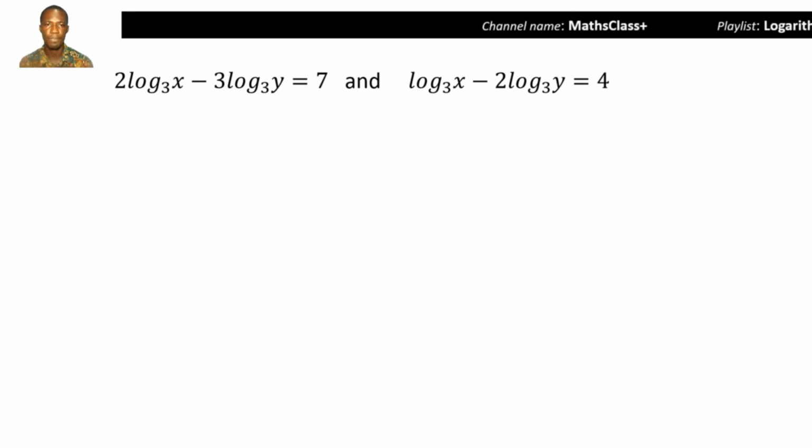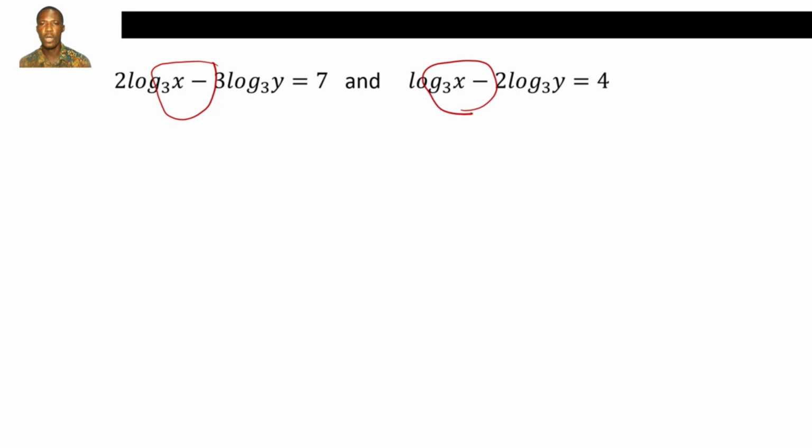So this one here is log x to the base 3, and when we look at the second equation, we also see the same expression there, log x to the base 3. Then we have log y to the base 3, and then we also have the same expression, log y to the base 3.